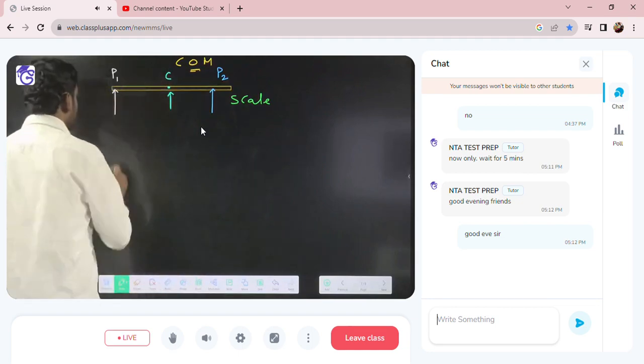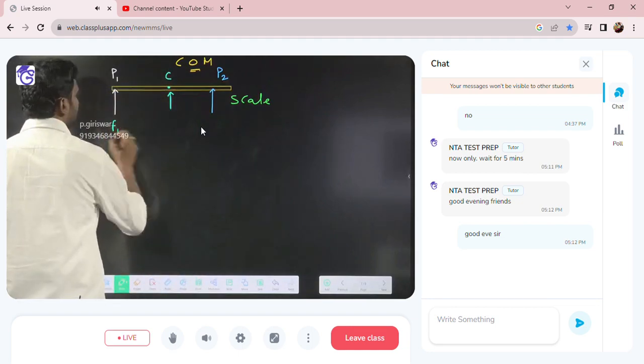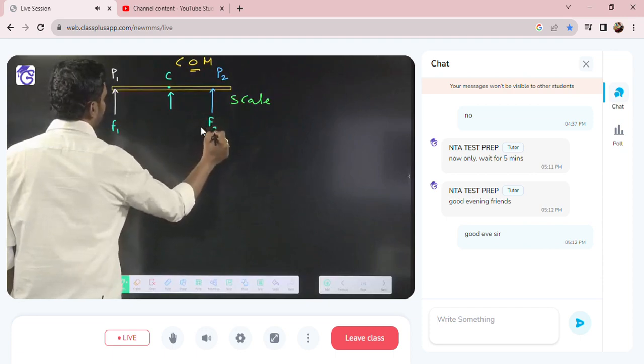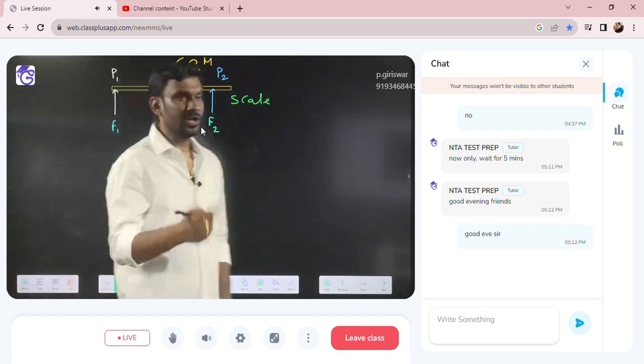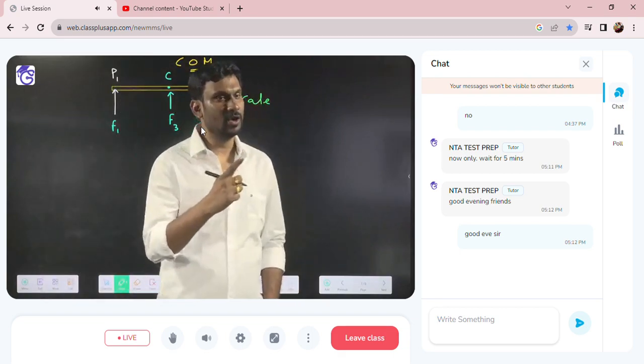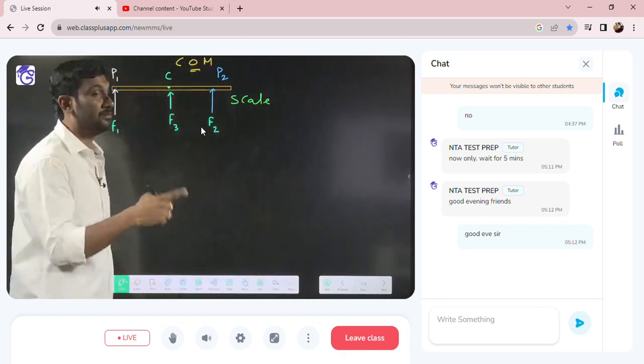Fine. So there are 3 different forces I'm applying. I'm taking this force as F1, this force as F2, and this force as F3. They are not applied simultaneously, mind it. They are applied one by one.